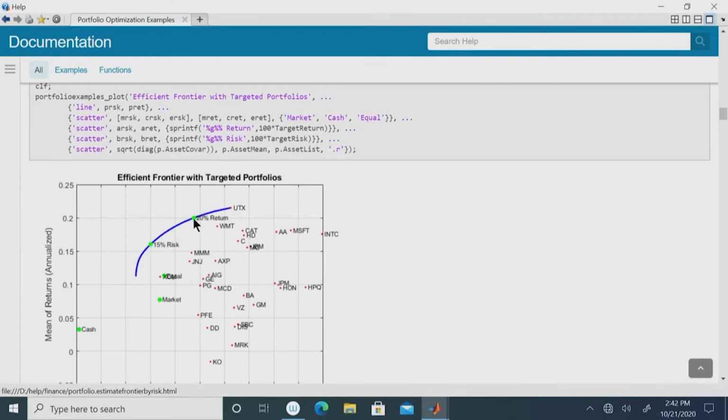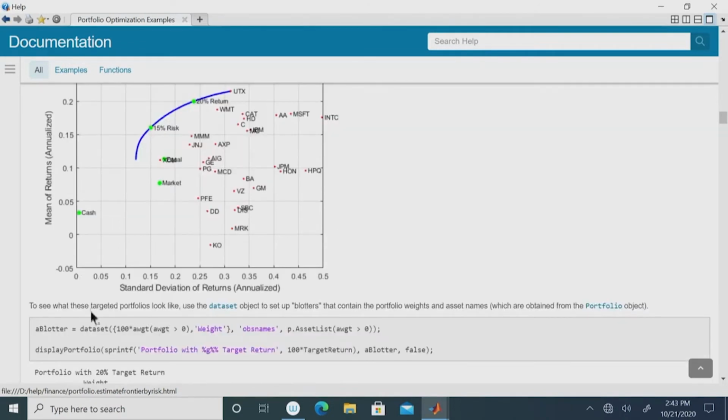This is the portfolio on the efficient frontier with mu p, or the expected return, at 20%, and the other point here is the 15% level of risk for the portfolio. It is that portfolio which lies on the efficient frontier with a 15% risk.